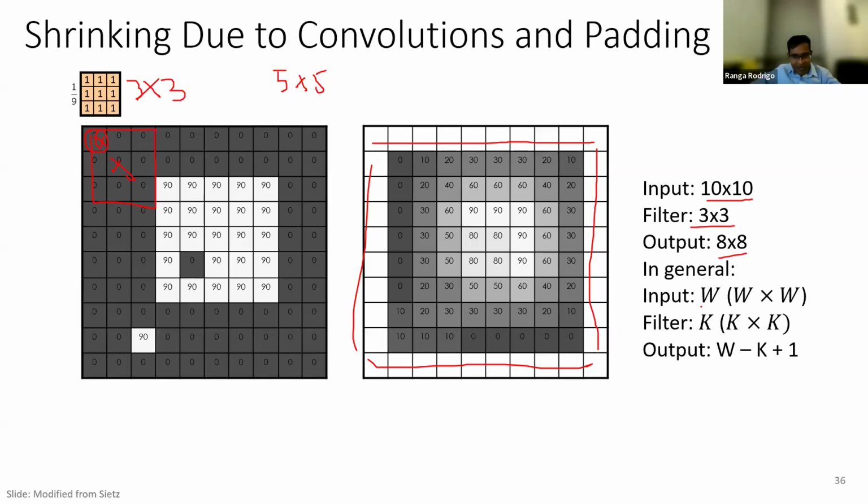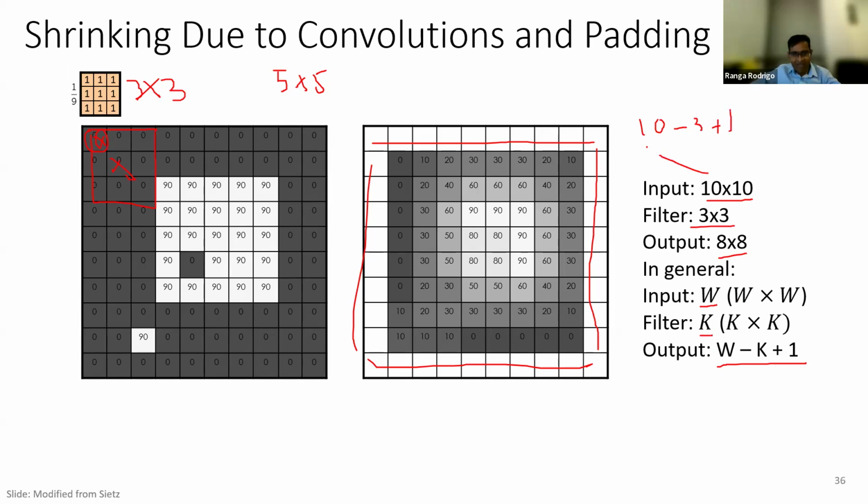So how do you actually compute that? If the input size is W by W and the filter size is K by K, the output size will be W minus K plus 1. So in this case, 10 minus 3 plus 1.